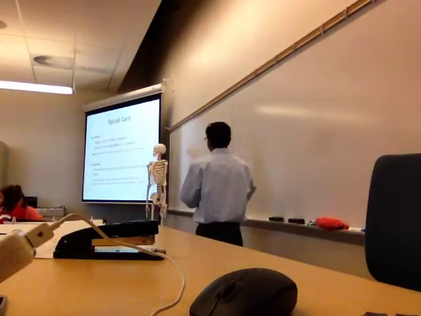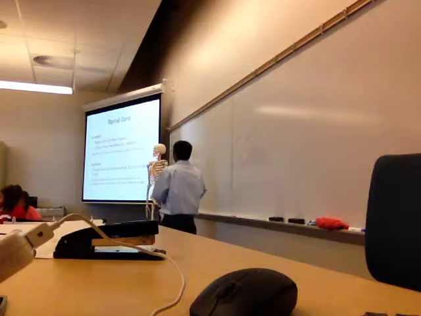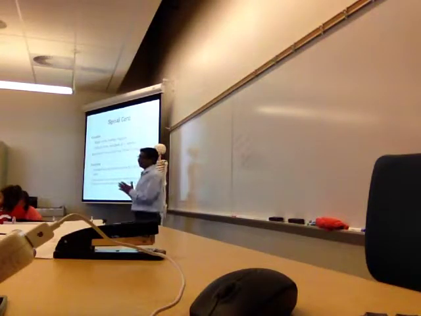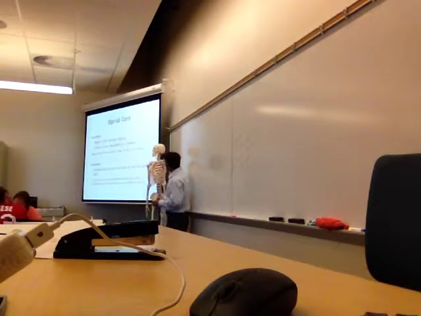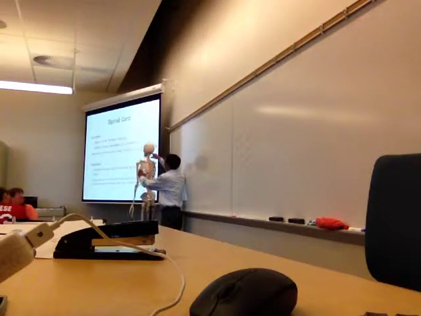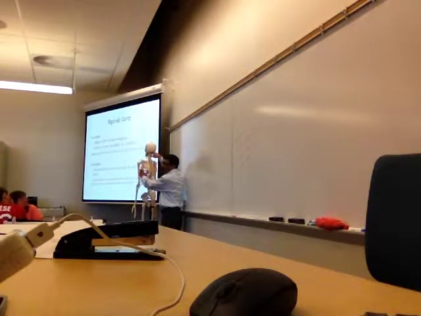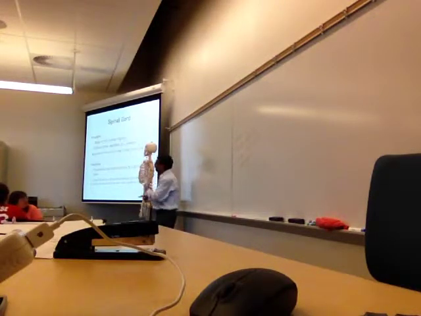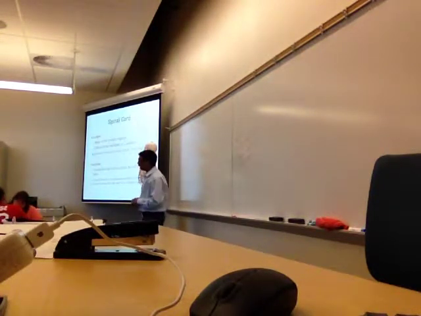Okay, so first, the anatomy of the spinal cord. Location: the spinal cord starts at the foramen magnum. So the upper end is at the foramen magnum here, and then it goes down all the way to the lumbar 1 vertebra.